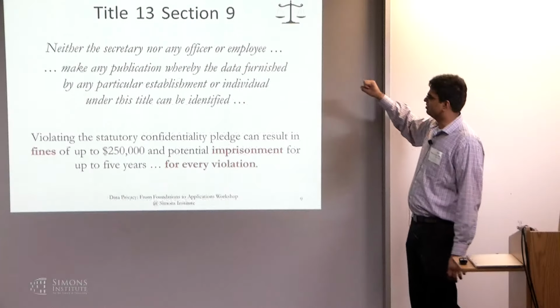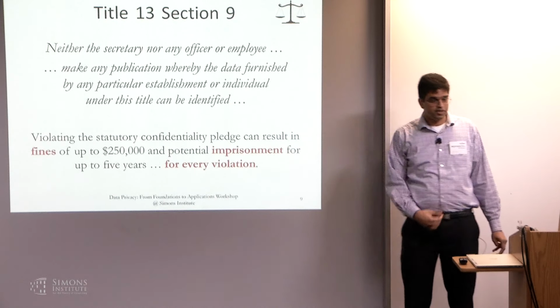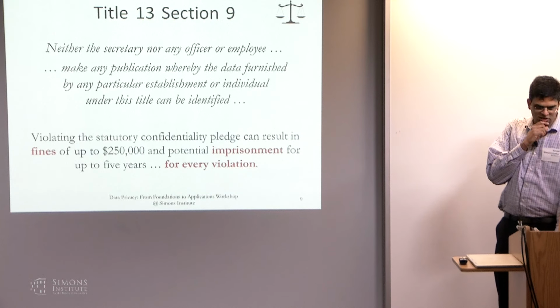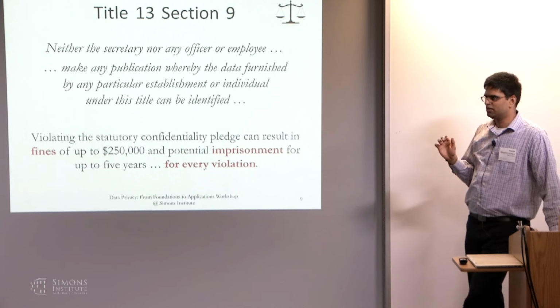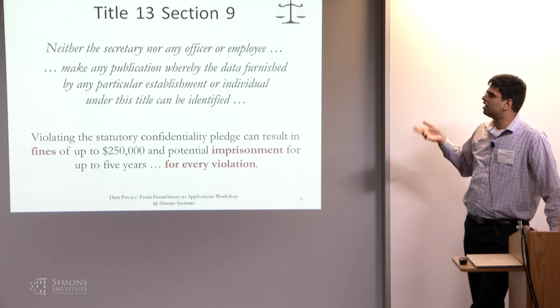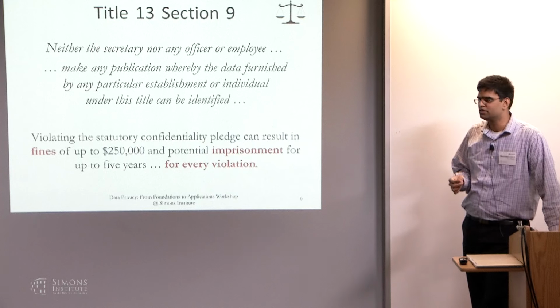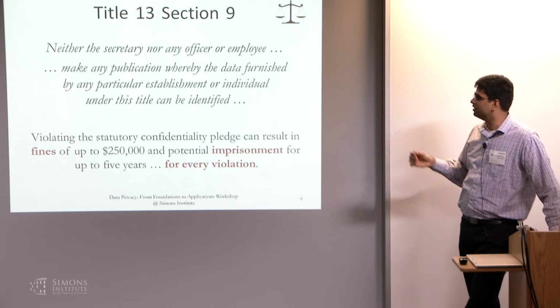Okay. Of course, this is very succinct, and it's very hard to glean something completely out of this, right? So what we did in this scenario was look at the current interpretation of the law. This law has been interpreted by the US Census Bureau, in particular by disclosure review boards, for several decades.